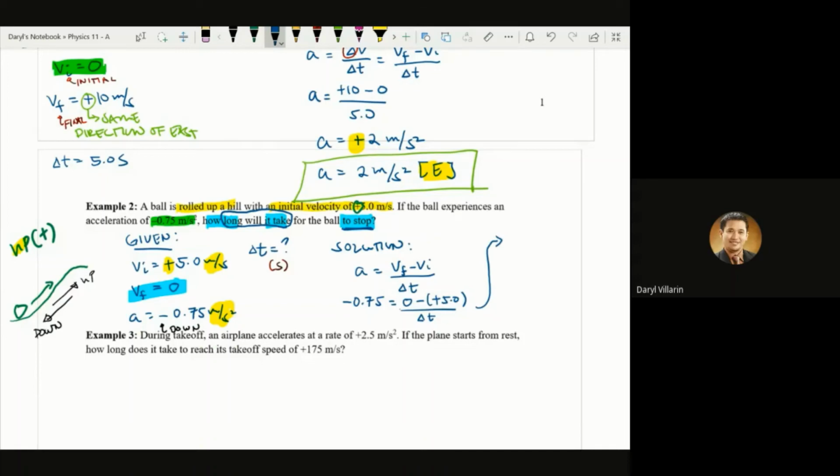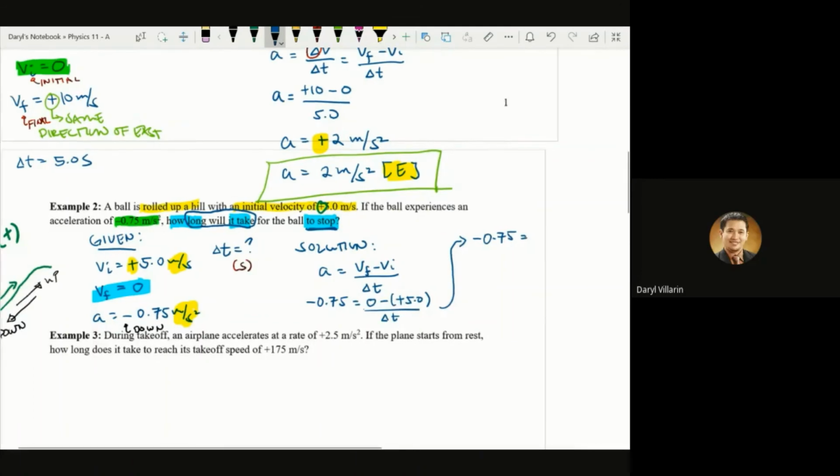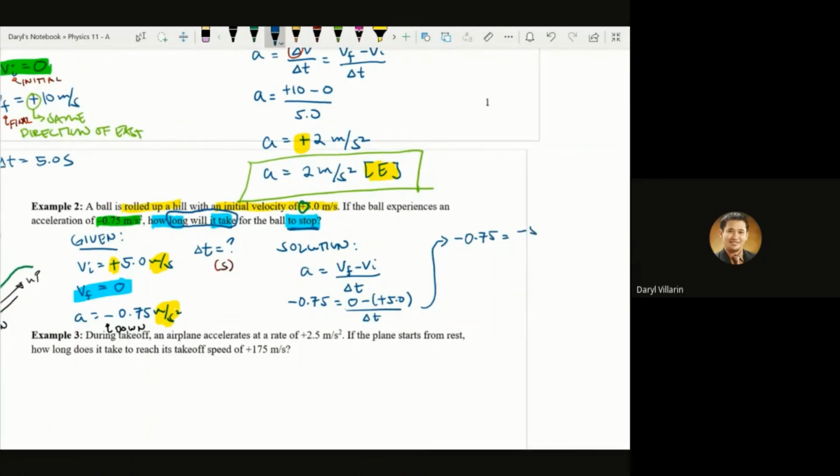Otherwise, I cannot solve the equation, right? So I'm going to solve for delta t, but sometimes it's much easier to solve if you see the numbers. So you have here negative 5.0 all over delta t, and I need to solve for delta t.